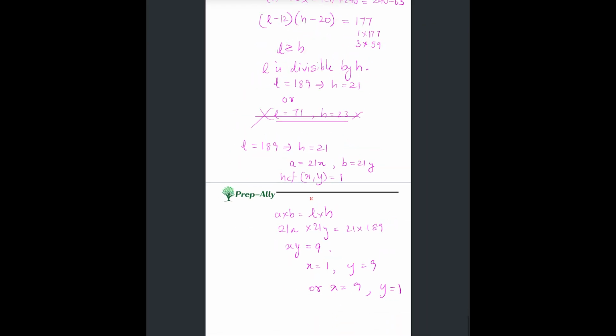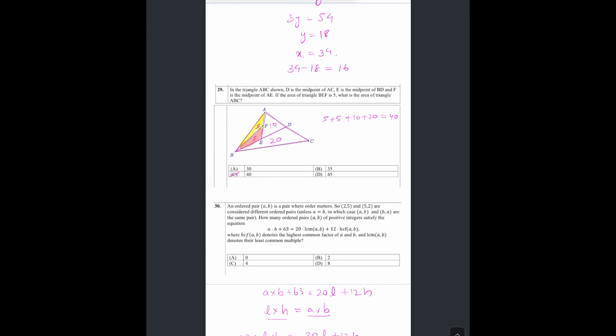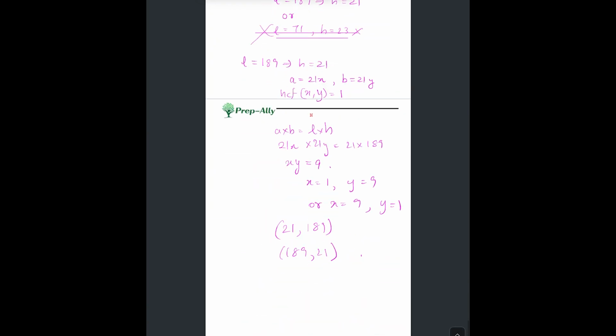So this gives us the two numbers as 21, 189 or 189, 21. So the only two ordered pairs are these two. So there are two possible ordered pairs.